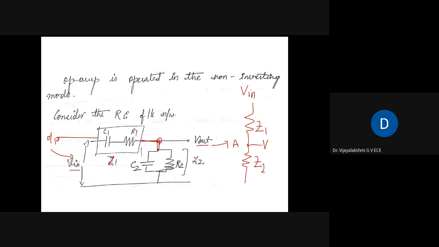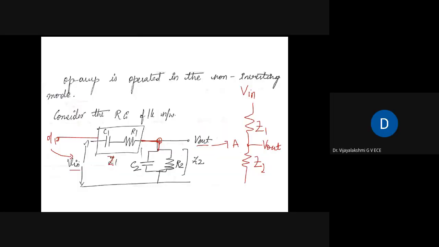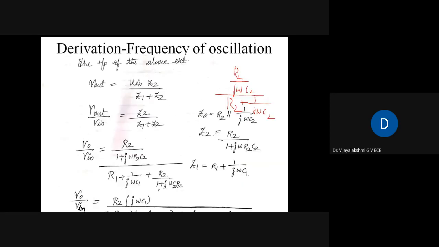So using the potential divider rule, I can say V out is equal to Z2 into V in divided by Z1 plus Z2. Voltage divider rule. Yes, that is what I have written here. So V out is equal to V in into Z2 divided by Z1 plus Z2.